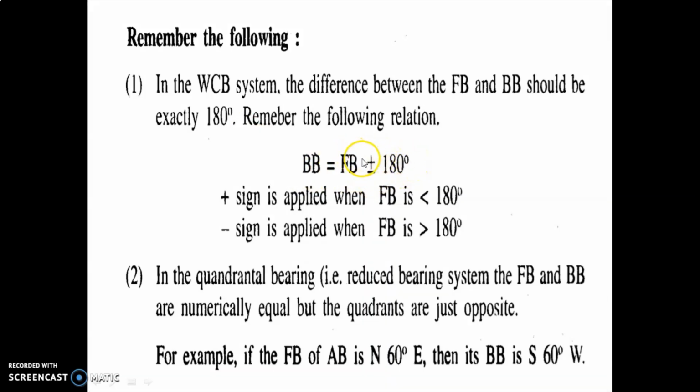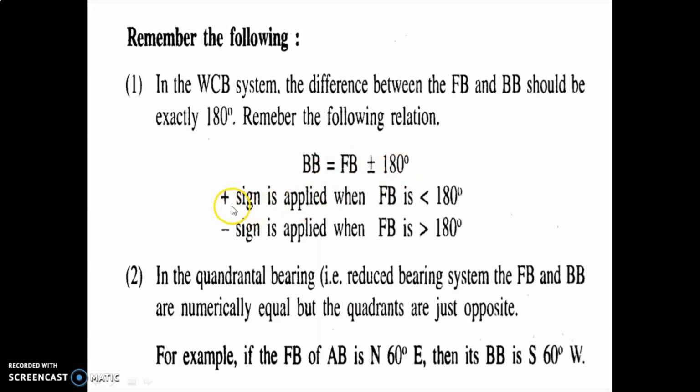Suppose you have the forebearing reading of a line but you don't have the back bearing. Using this formula you can easily calculate the back bearing of that particular line. Back bearing is equal to forebearing plus or minus 180.